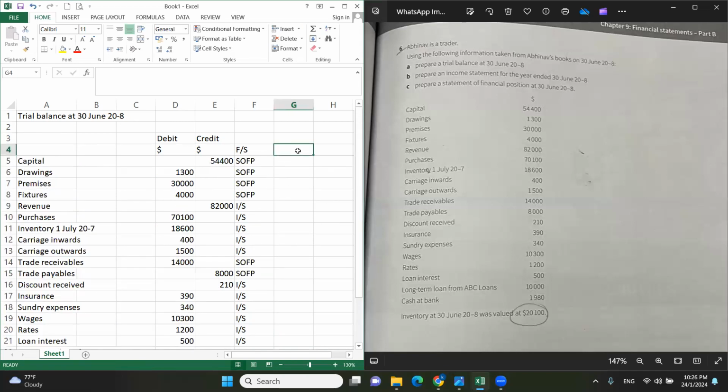Okay, now we go to the account section. So what is the account section for each? Okay, capital is under capital section. Drawing is also under capital. Premises and furniture under non-current asset. Revenue is under the revenue section. And then purchases under cost of sales. Inventory opening, closing, cost of sales. Carriage inward also cost of sales. Carriage outward is expenses.